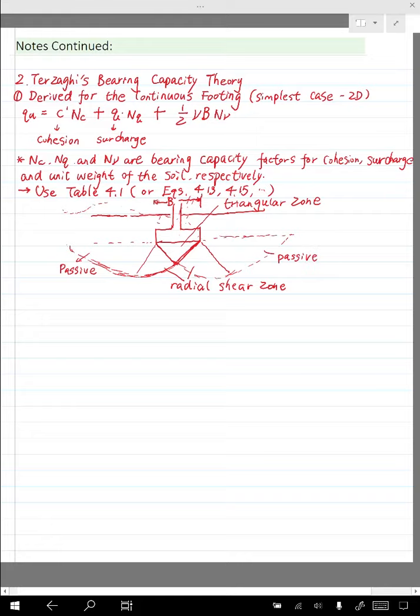Because the slip surface starts from these two points and propagates like this. And this soil body here has to move because it receives load from the radial shear zone. So that's why we call it passive.